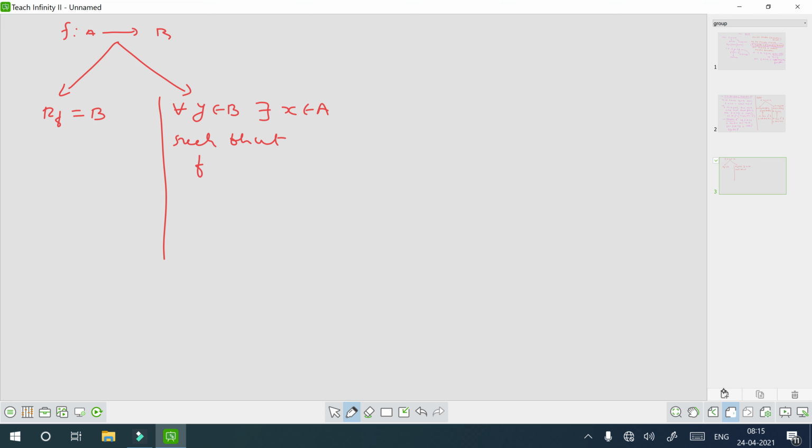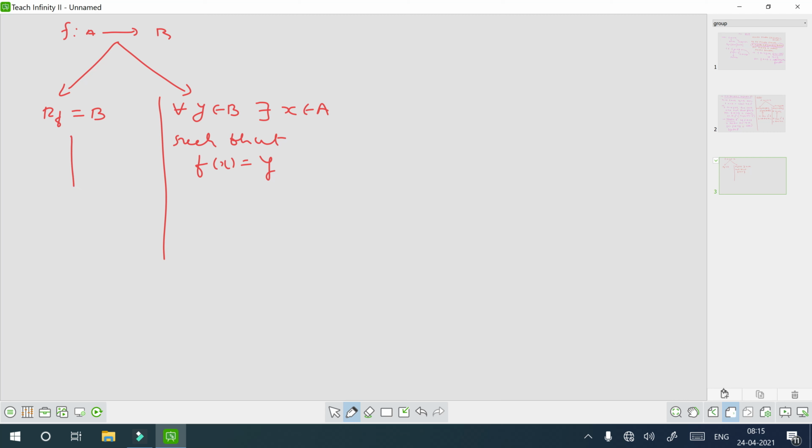Next, f from A to B. We already seen two definitions to show that it is onto function. Range of f is equal to B, then function is onto function. And the other definition is for every y belongs to B, there exists x belongs to A such that f of x is equal to y.